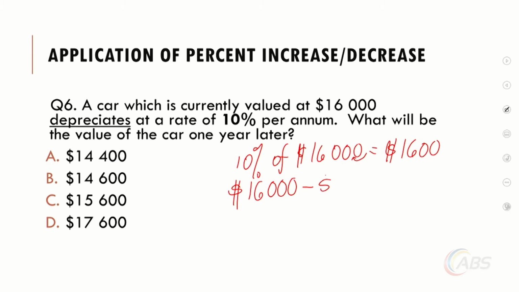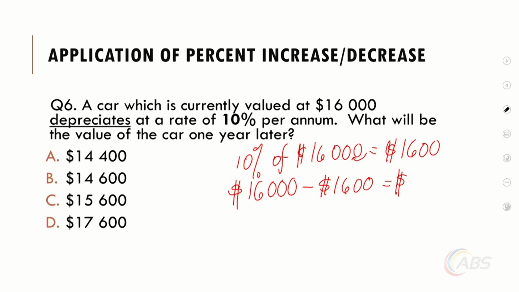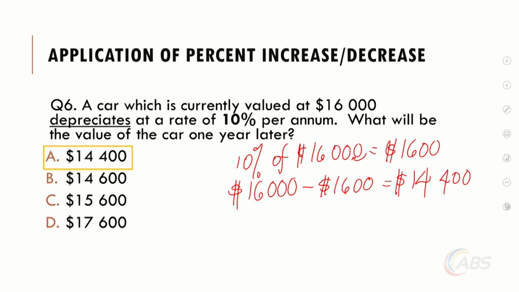We're going to subtract our 10% from 16,000. And when we subtract our 10%, or 1,600 from 16,000, we get 1,000, sorry. Let's just erase that. We get 14,400. 14,400, okay? And that's A.